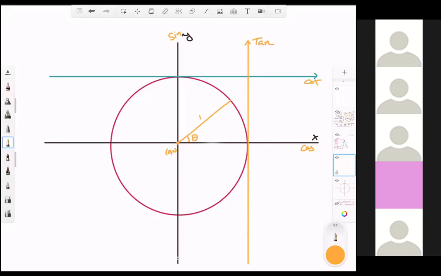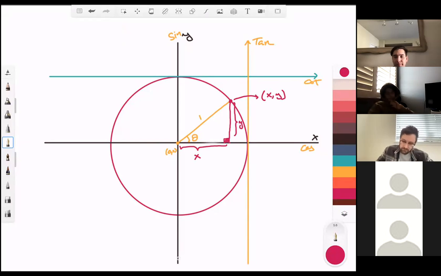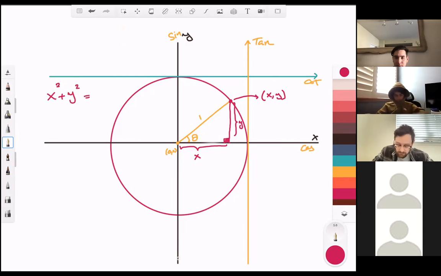And this radius is 1. I'm going to use a right triangle. This point is x comma y. That means this much is x and this much is y. Agree? Good. So if I apply the Pythagorean theorem, what do I get? We get x squared plus y squared equal to 1.